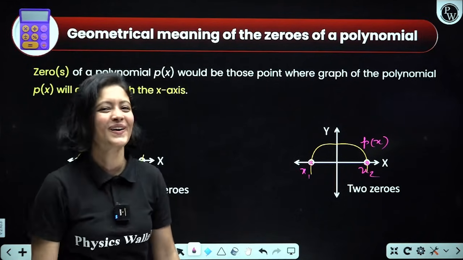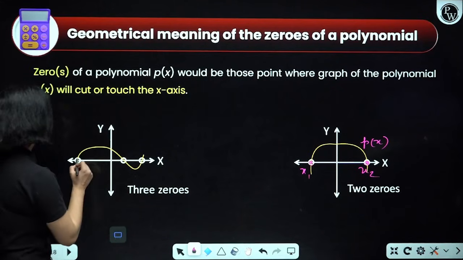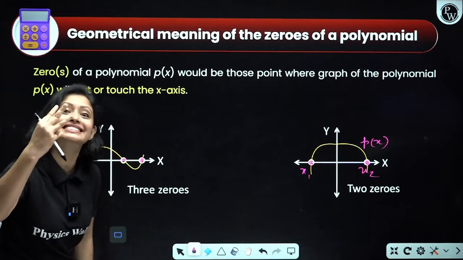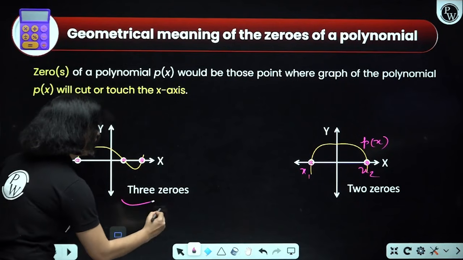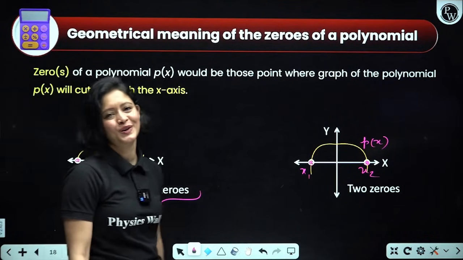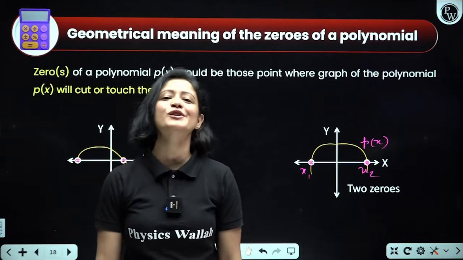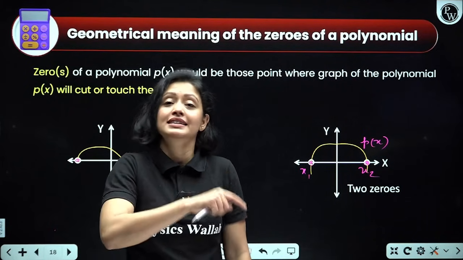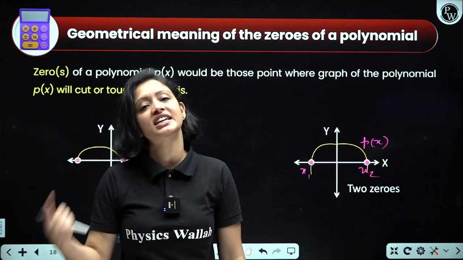Got it? Similarly here, notice this polynomial's graph is intersecting the x-axis at exactly 3 points. So there are 3 zeros of this polynomial. To check the number of zeros, all you need to check is at how many points the graph is either intersecting or touching the x-axis.